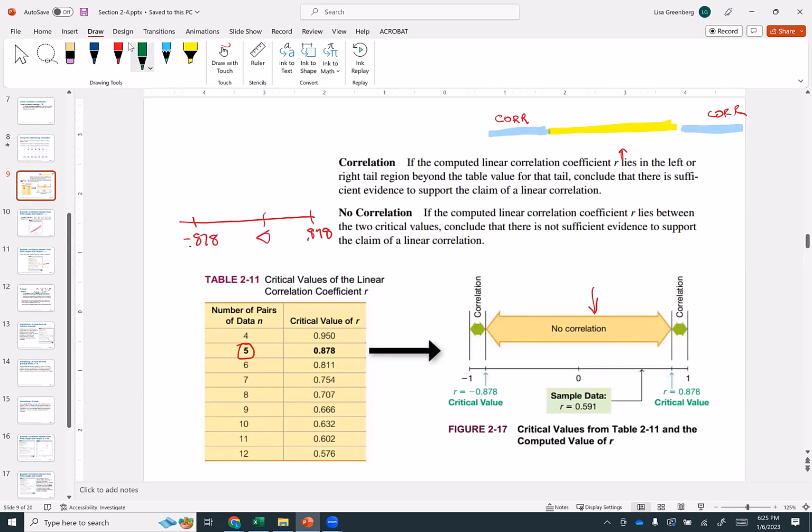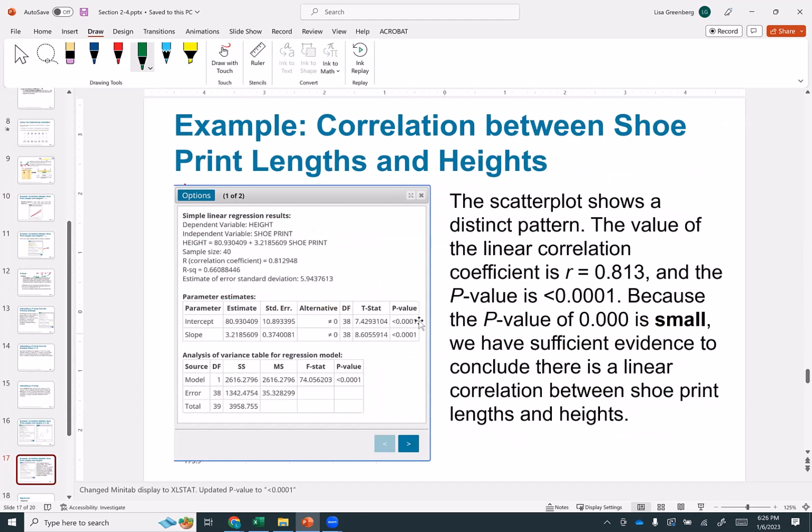And my R value was 0.59, which is between my critical values. And when they're between the critical values, as we can see, there's no correlation. Here, because our p-value is so small, we have sufficient evidence to conclude there is a linear correlation between shoe print length and height.